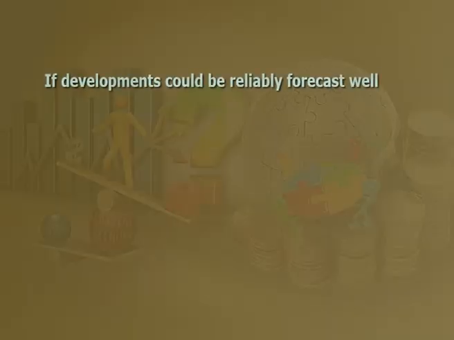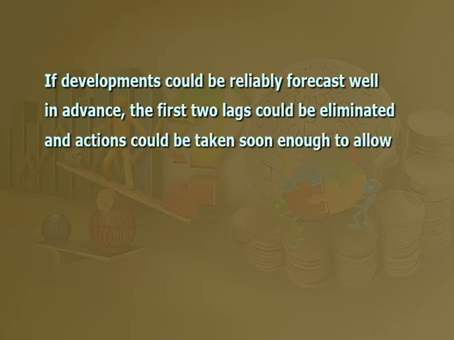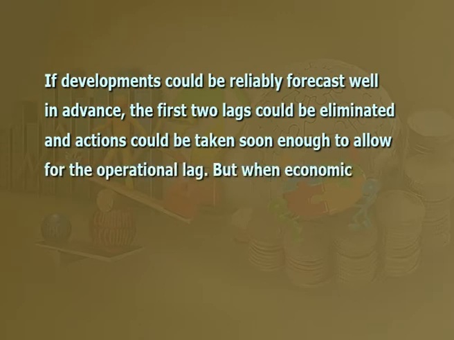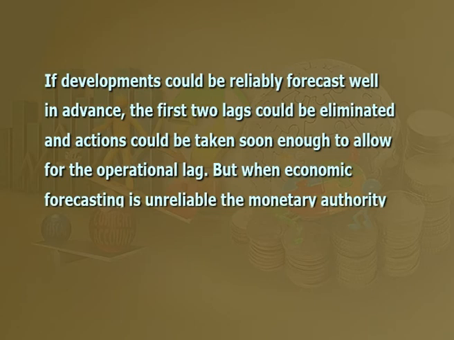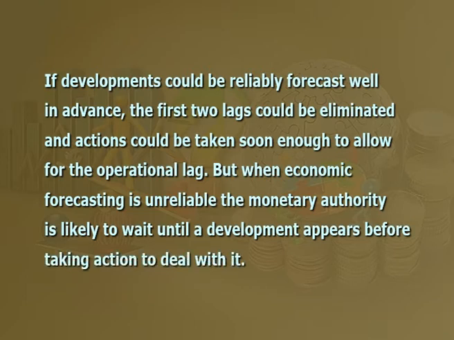Both the length and significance of these lags depend heavily on the reliability of economic forecasting. If developments could be reliably forecast well in advance, the first two lags could be eliminated and actions could be taken soon enough to allow for the operational lag. But when the economic forecasting is unreliable, the monetary authority is likely to wait until a development appears before taking action to deal with it.